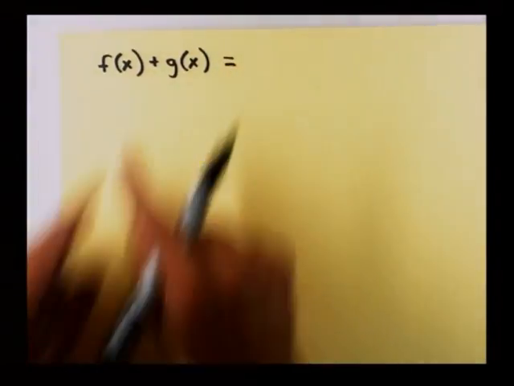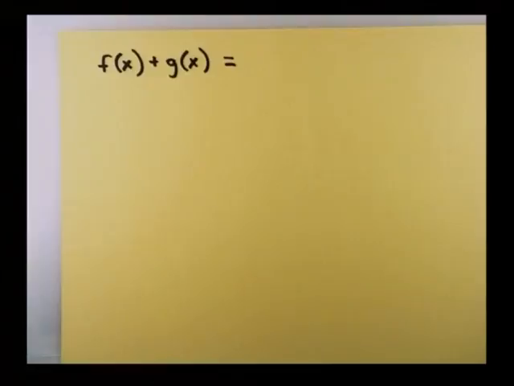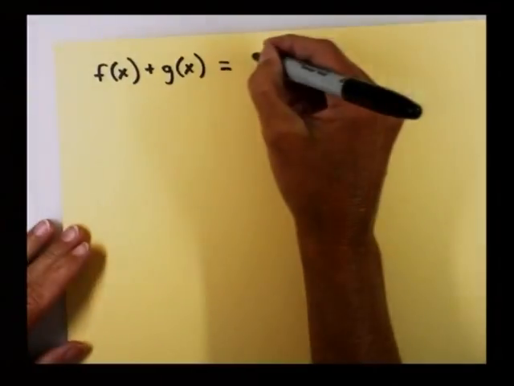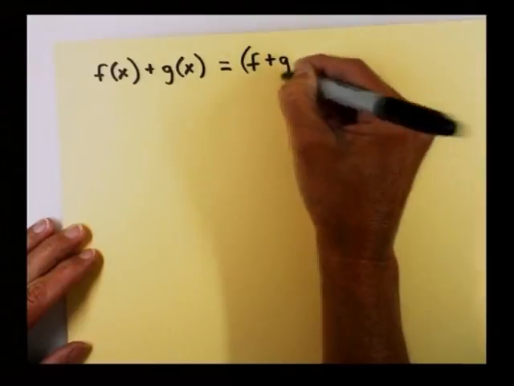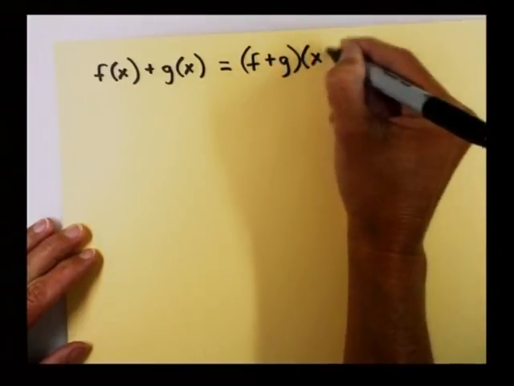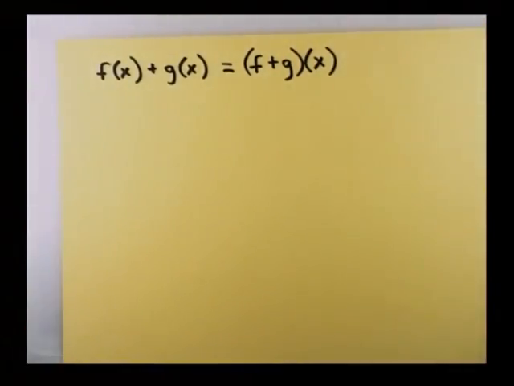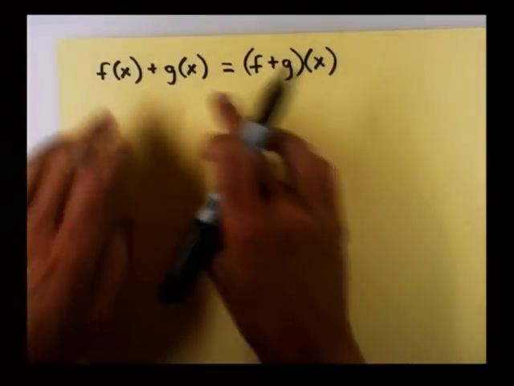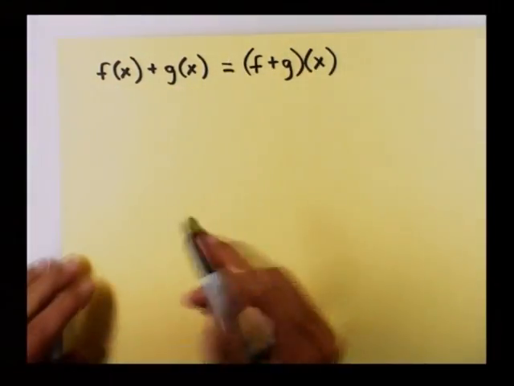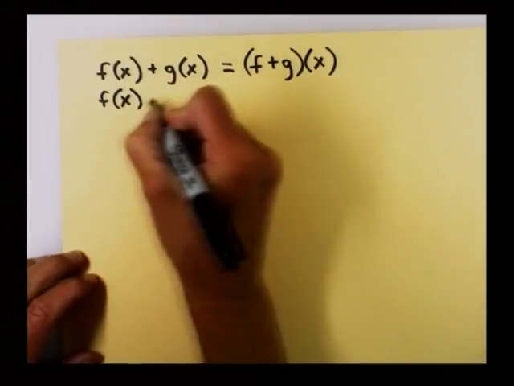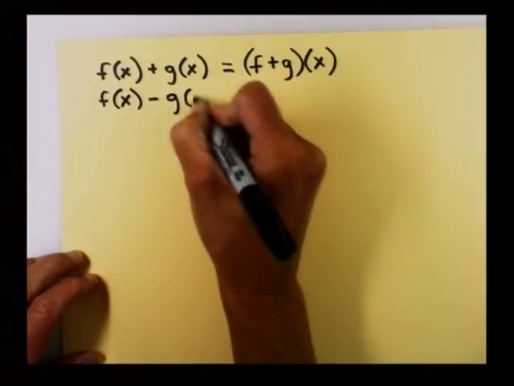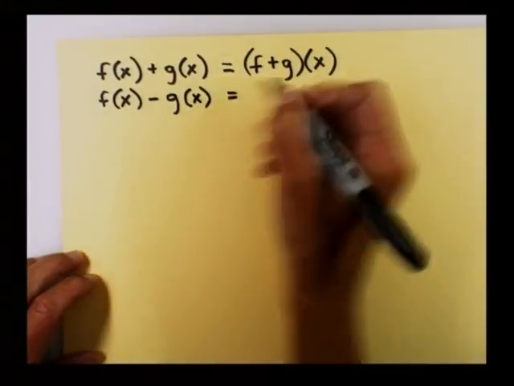If I'm plugging the same number into both equations, I can show what I'm doing like this. These two things are symbols that mean the same thing. I'm adding the results of my functions together.